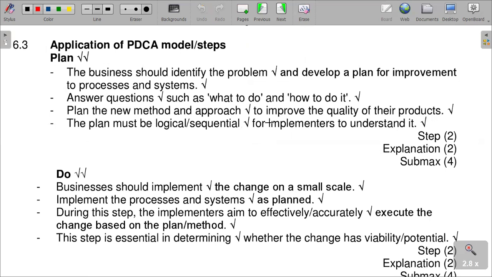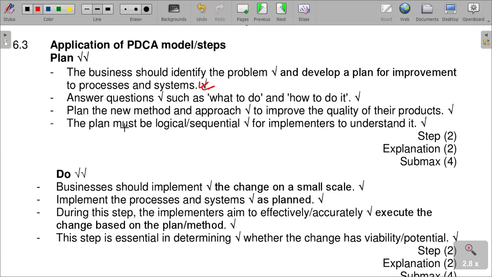We are saying one, plan. Business should identify the problem and develop a plan for improvement of the processes and systems. In the planning process, questions such as what to do and how to do it are answered.